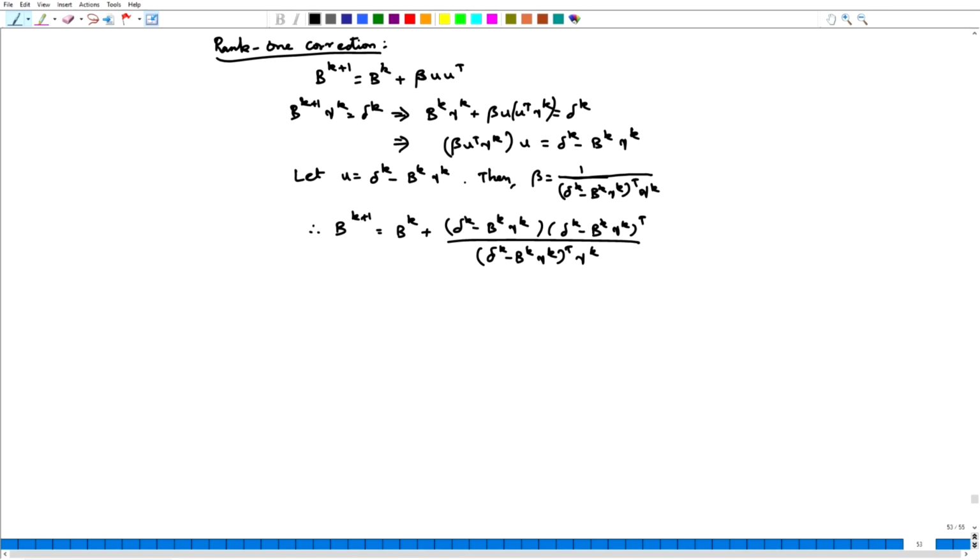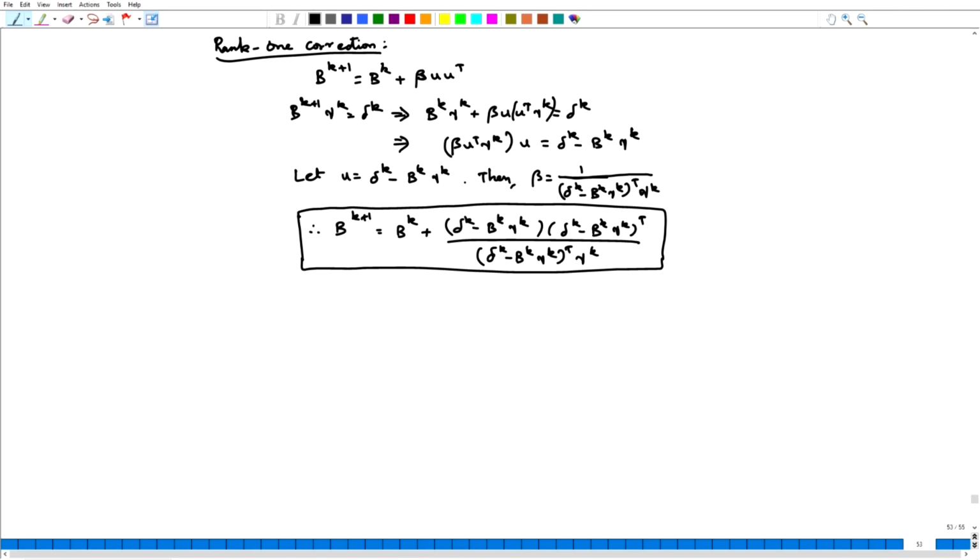Okay. So, this is what we call the rank 1 correction update. Whenever you update your B matrix using this particular equation that I have boxed, that is the rank 1 correction method.